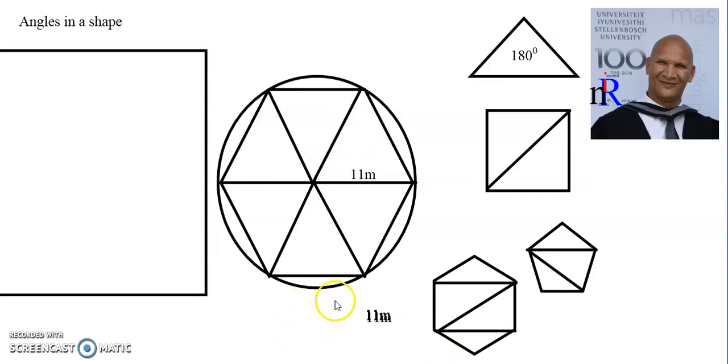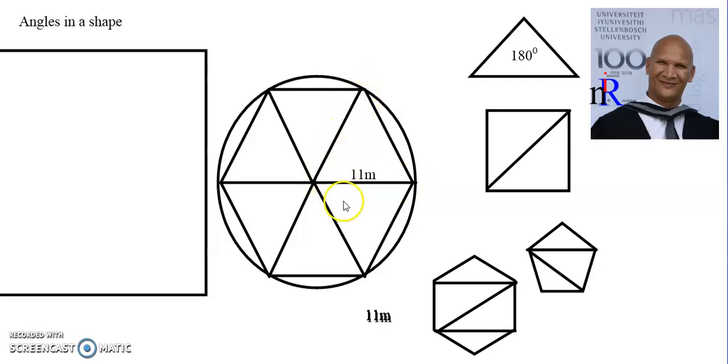Now, this hexagon was drawn inside a circle. I know that the radius is given as 11. So the length of this side is 11, the length of that side is 11.